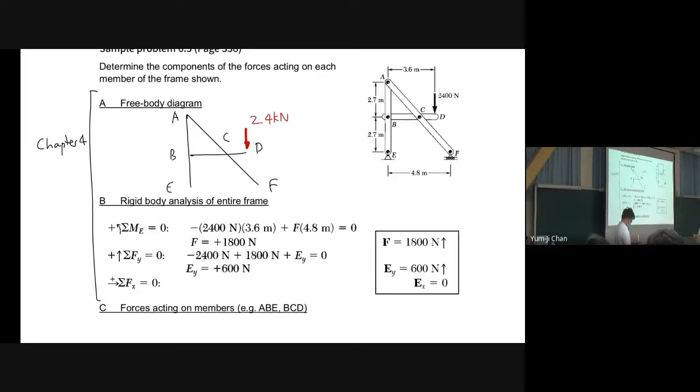And for point E, because we have a pin joint here, we have EX and EY. And F is a roller joint. We have one force going up, like this.